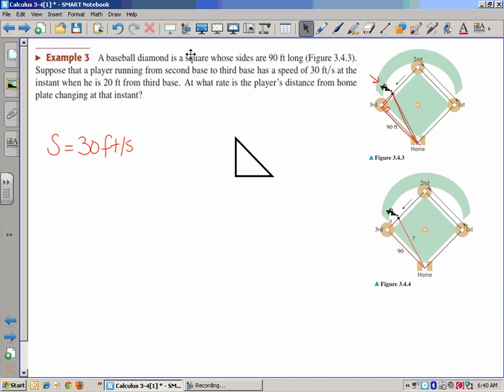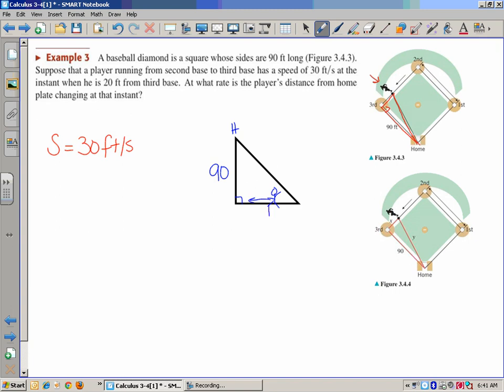So here's your triangle. And clearly not drawn to scale, but this is 90. Okay, so I'm rotating my triangle so that I can see he's 90 feet from home plate, so this would be home. And the runner is here, and he's running towards third base.